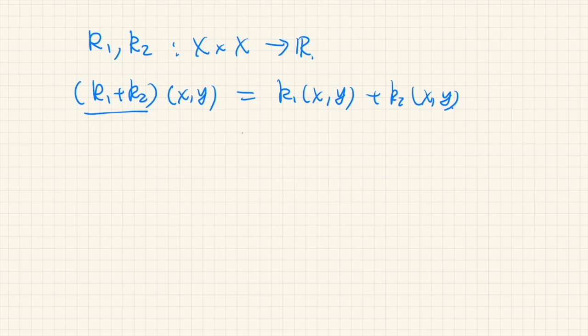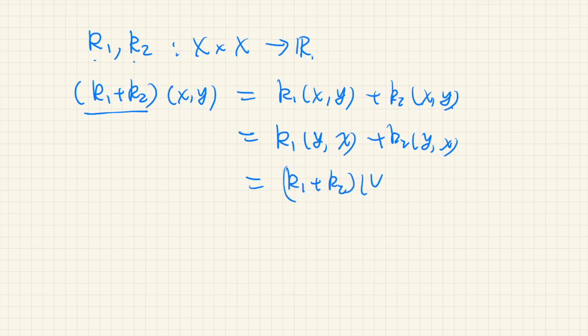Again, symmetry is obvious because we are assuming k1 and k2 are both kernel functions, so they are symmetric. So this is (k1 plus k2)(y,x), so it's symmetric. What about positive semi-definiteness? This is also easy.